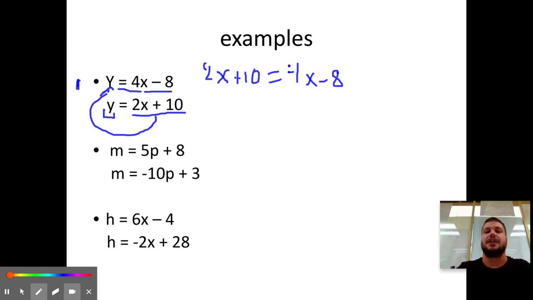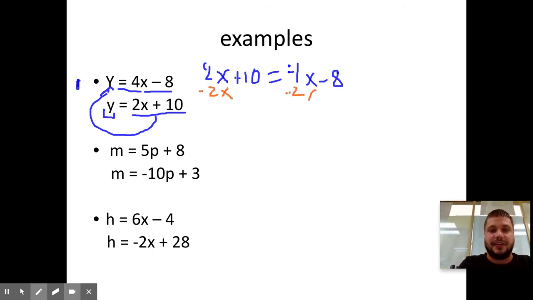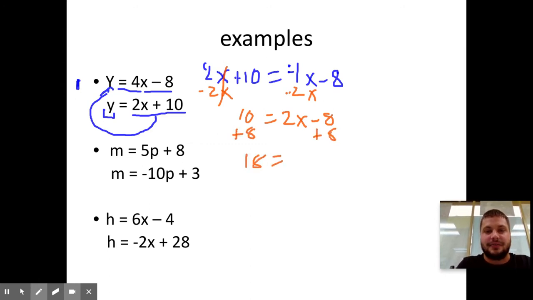There's no like terms on the right. Step three says to get all my variables on one side. So I'm going to minus 2x to the other side. Now I have 10 equals 4x minus 2x, which is 2x, minus 8. All right, and now I'm down to a two-step. Plus 8, I have 18 equals 2x, divide by 2, and 9 equals x.